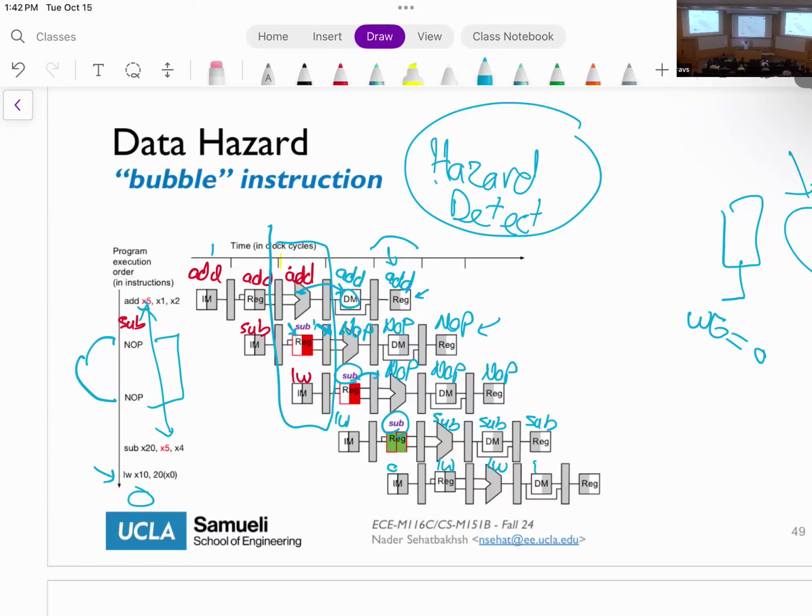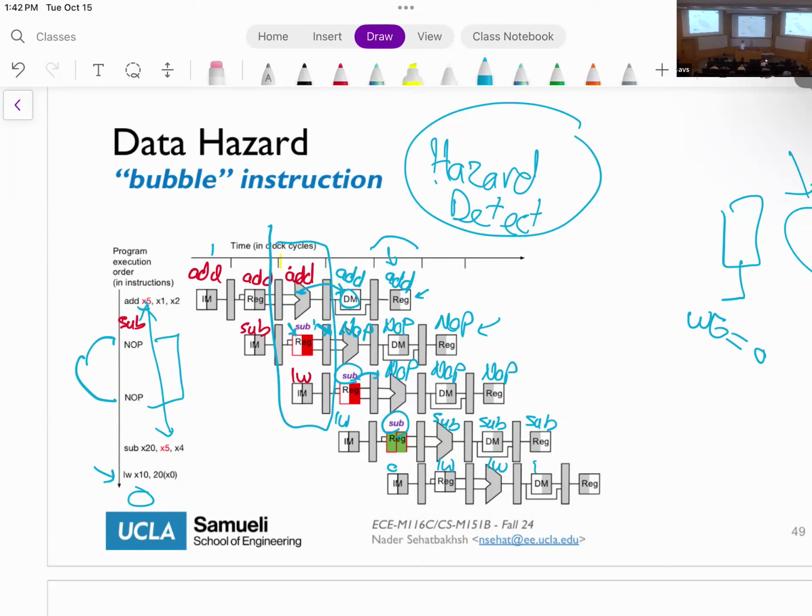The question is, can this be done at compile time? Yes, you can. It's just that usually it would be very hard to run all these checks. And for stalling the processor, you need a hardware mechanism, right? So that's why it's usually done in hardware. But yes, you can do it in the compiler.